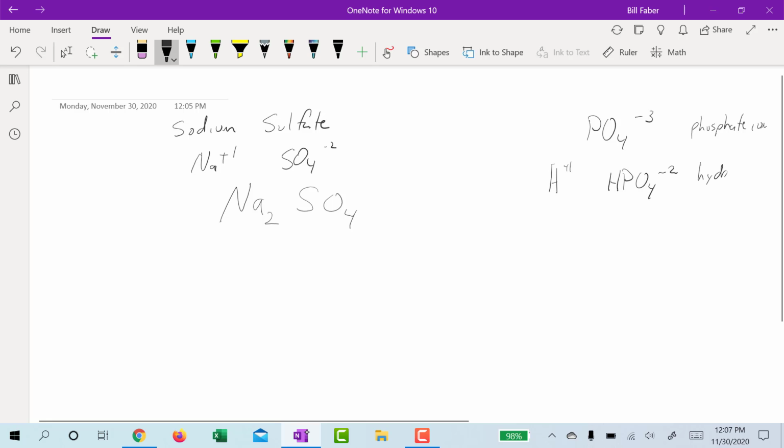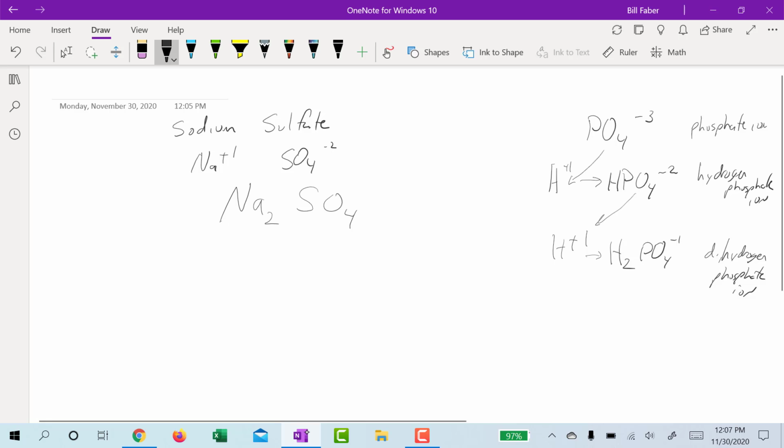This is hydrogen phosphate ion. And then you could add one more if you wanted and have H2PO4. And since these are plus 1s, when you're adding them, they change the charge as well. So this would be minus 1 now because the plus 1 comes in with this. Kind of like that. And so this is dihydrogen phosphate. Okay, that's where those names come from.